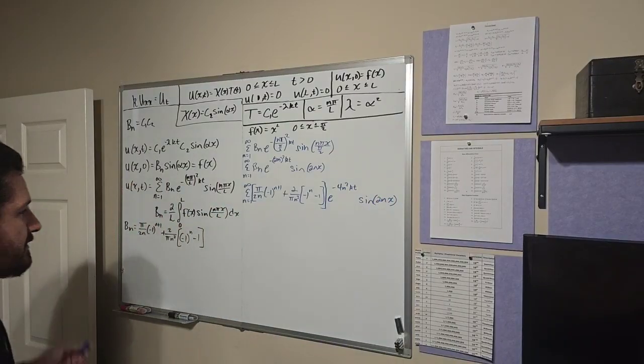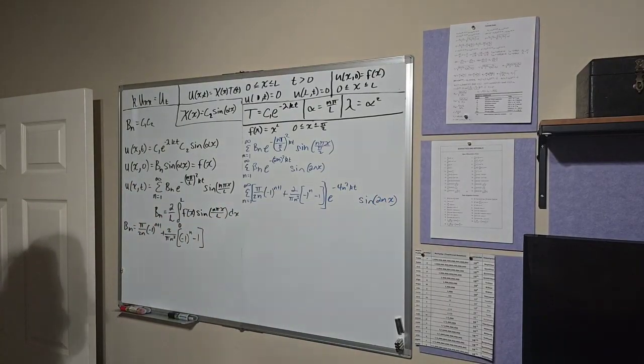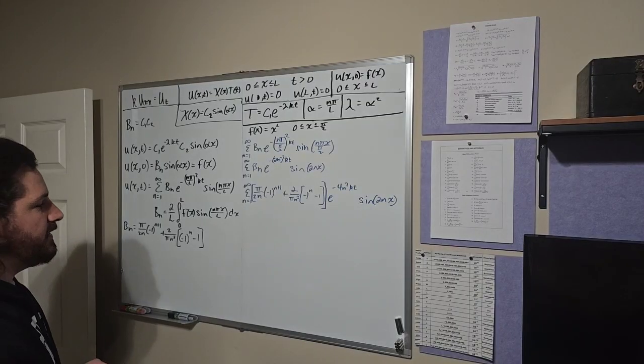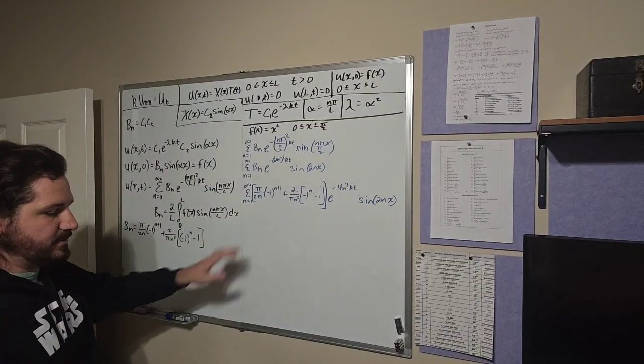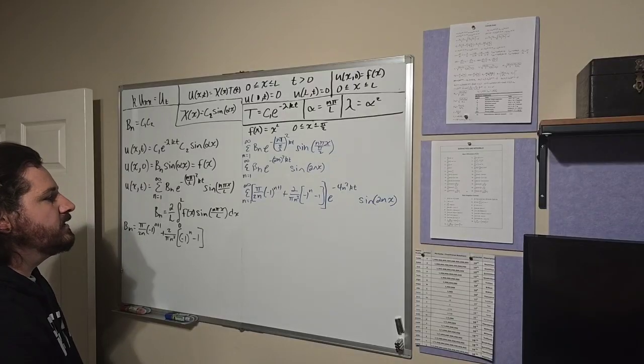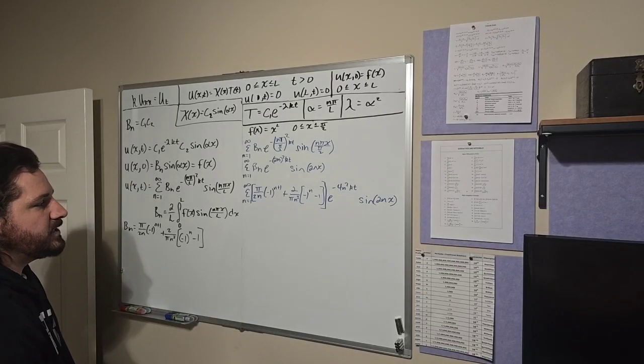And in this case, that actually is basically our answer for this problem, since we weren't given a specific number of n's to do a partial summation on. So we really don't have much else we can do here.